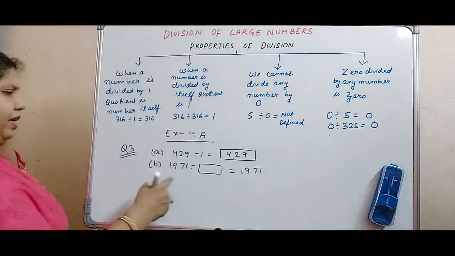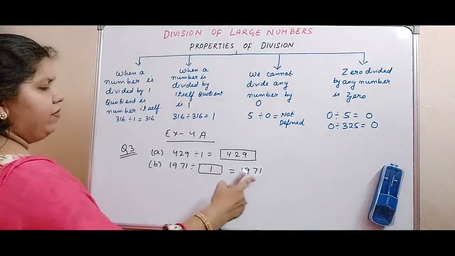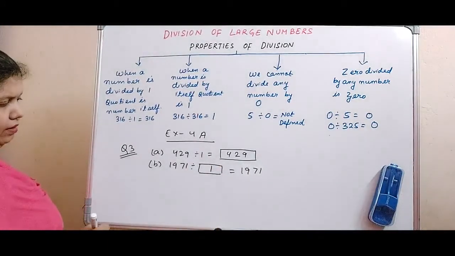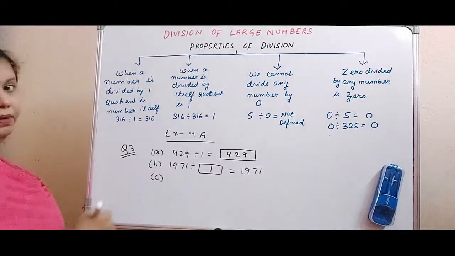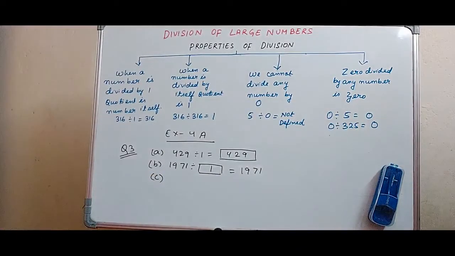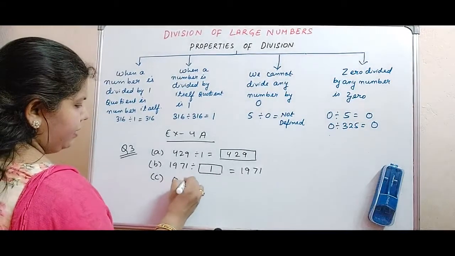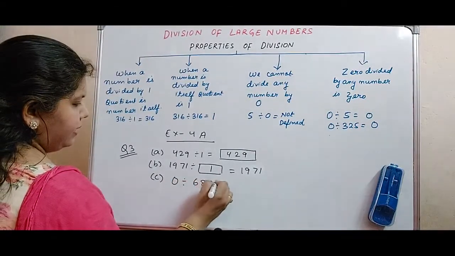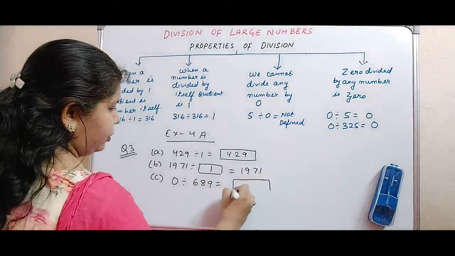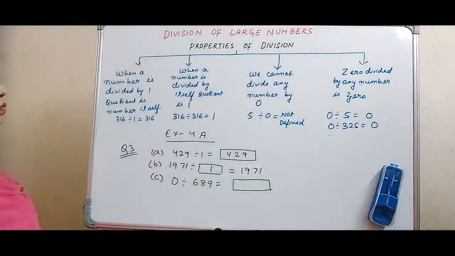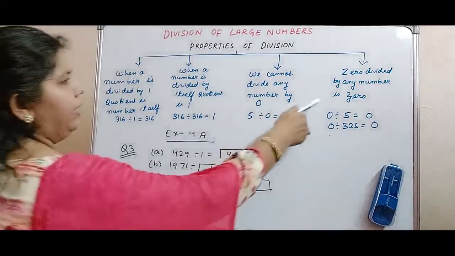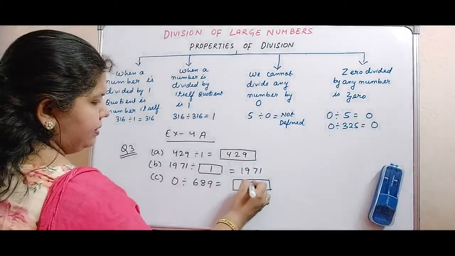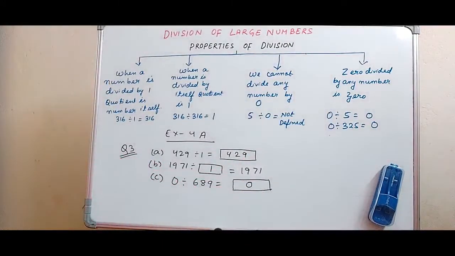So 1971 divided by 1 will only give itself, that is 1971. Coming to bit C. Bit C is what? 0 divided by 689 equal to dash. So we know that 0 divided by any number is 0. So here the answer will be 0.